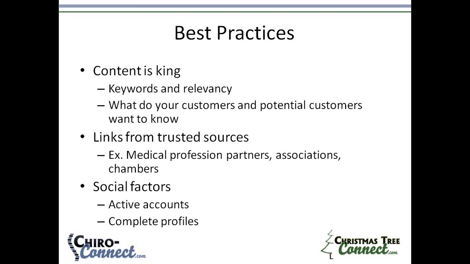So you're tying keywords into a topic that is actually relevant, that your customers want to know the benefit of choosing a real Christmas tree over a fake Christmas tree. So that's an idea of what that content is, and sharing about that content in a way that somebody will actually feel informed and feel like you're a good source of information.